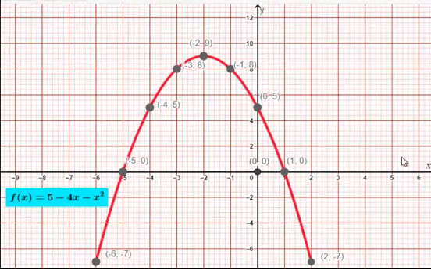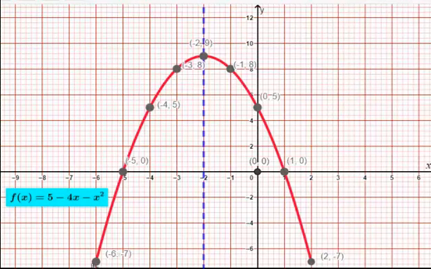This graph you see on the screen is a graph of f of s equals 5 minus 4x minus x squared. And this is its line of symmetry. So we are going to consider the left hand side like what we did in the other graph, and then we consider the right hand side.